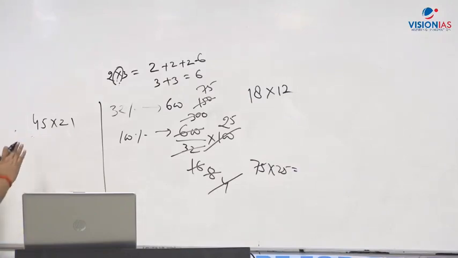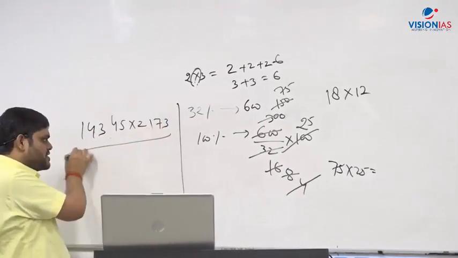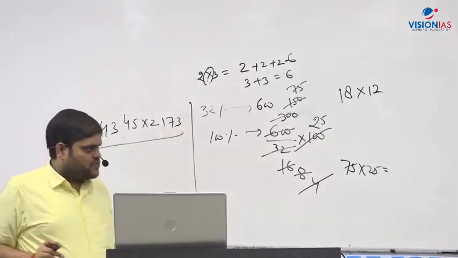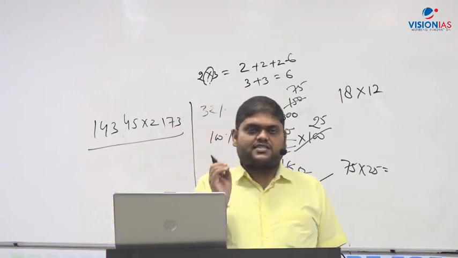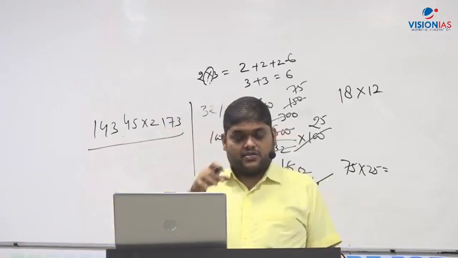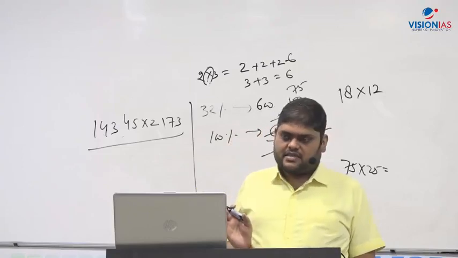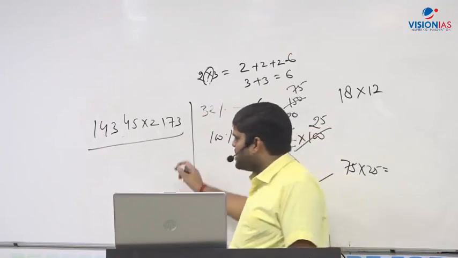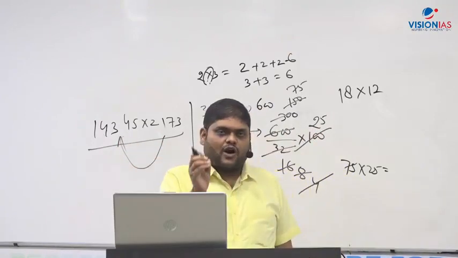Now your question will be, sir, now tell me the answer. Beta, multiply कर लो फिर. ठीक है ना? Same logic. Shortcut is not for everywhere. Shortcut is only for where we can apply this. I'm not asking you to forget how to multiply.